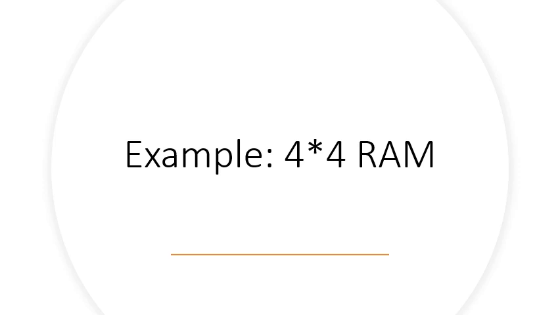Now let us see an example of a RAM that is a 4x4 static RAM. That means we have a total of 4 locations, and each location can hold 4-bit data. So this is the structure of a memory that has 4 specific locations, and each location can hold 4-bit data.